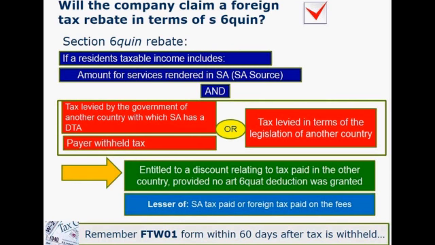And I want to say you qualify for the Section 6 quin rebate if withholding tax was imposed by another country with which South Africa has a double tax agreement, or if any tax was imposed by a country where South Africa does not have a double tax agreement. If we've got a double tax agreement, the other country shouldn't be taxing the income.